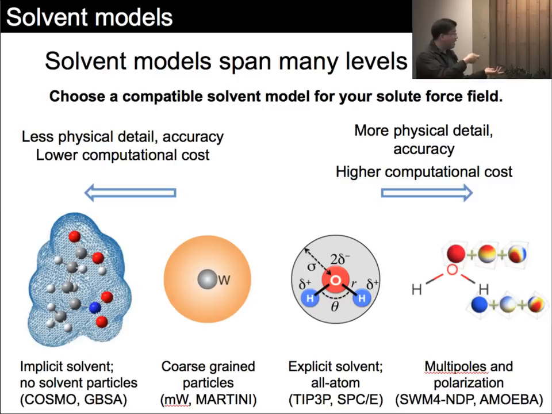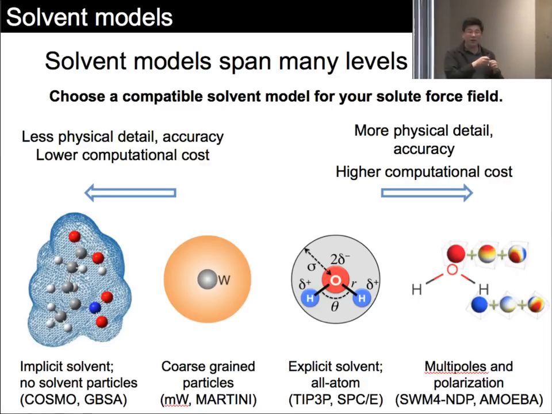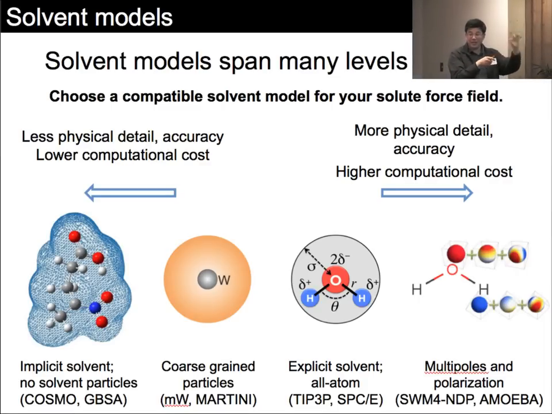That includes implicit solvent models where there are no solvent particles, like COSMO or generalized Born, coarse-grained particles where each molecule is represented by a single particle and not three, maybe the most familiar explicit solvent all-atom models like TIP3P, and then going up to the higher order multipoles. So as you go to the right, you get more physical detail, but also a higher computational cost.